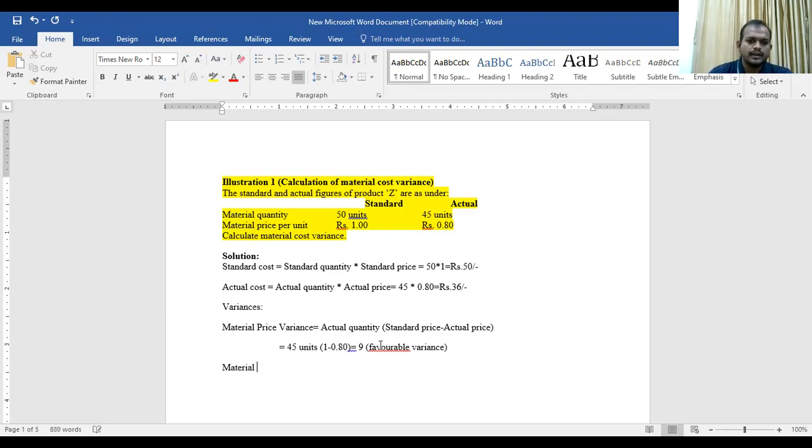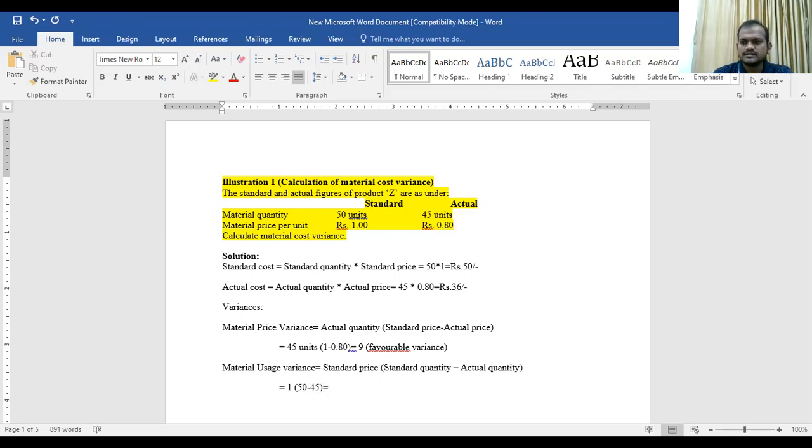Next, material usage variance. It is the difference between standard quantity and actual quantity: standard price into standard quantity minus actual quantity. So standard price is 1, standard quantity is 50 minus actual quantity 45.